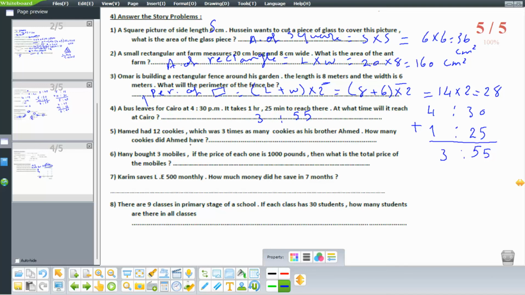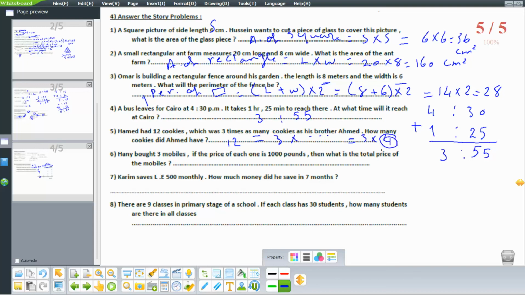Ahmed had 12 cookies, which was 3 times as many as his brother. How many cookies did his brother have? So 12 cookies equals 3 times a number. 3 times what? 3 times 4.